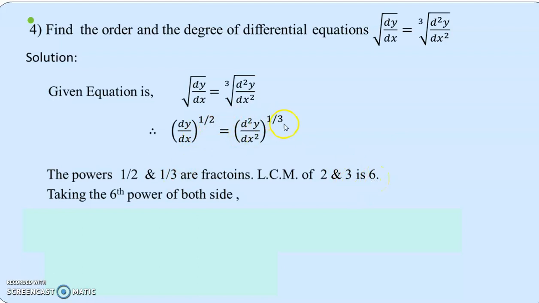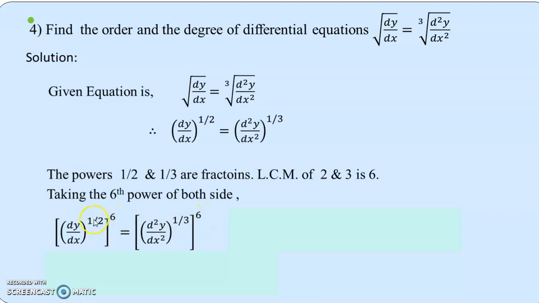To remove the fractional index, take the 6th power of both sides. So we get dy by dx raised to 1/2 whole bracket raised to 6 is equal to d2y by dx square bracket raised to 1/3 whole bracket raised to 6.